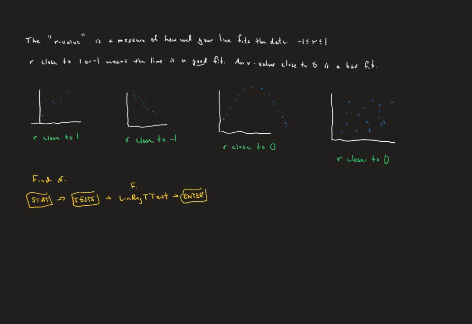And when you do that, again, you're going to see X list is L1, Y list is L2, some things we don't really know. And where it says the regression equation, that's what that REGEQ is, we want to put in Y1 there again.